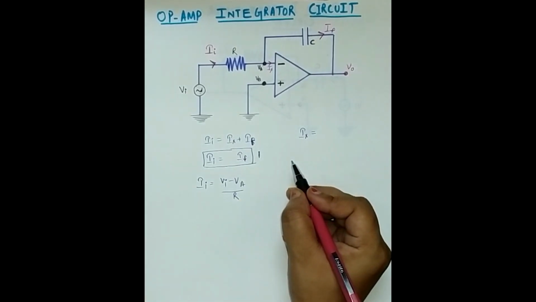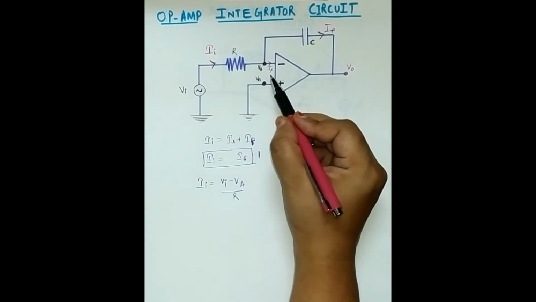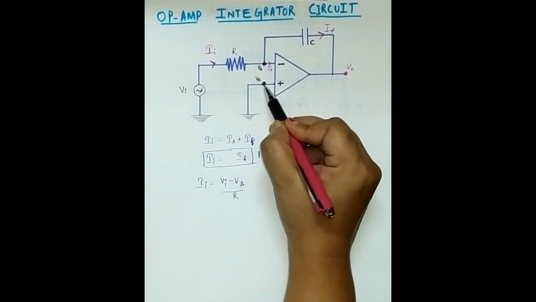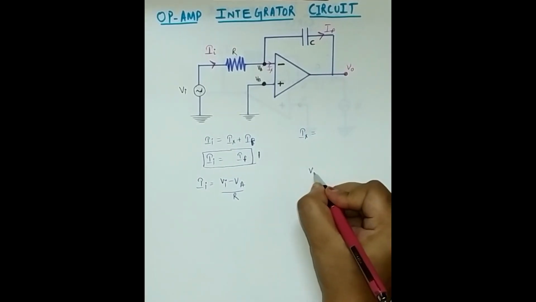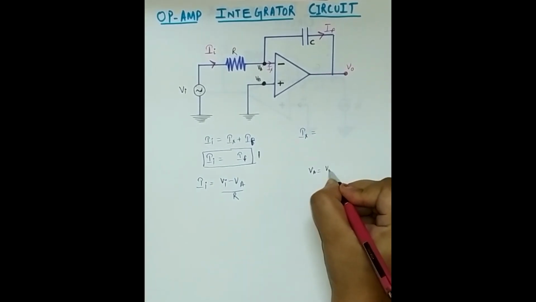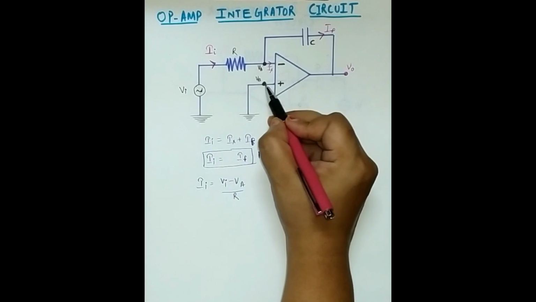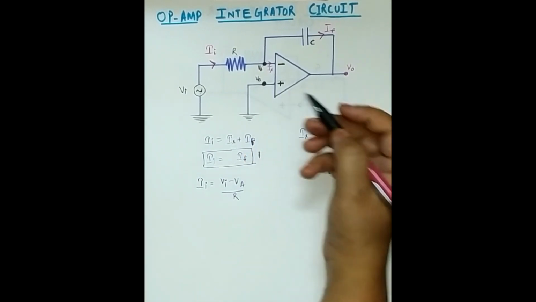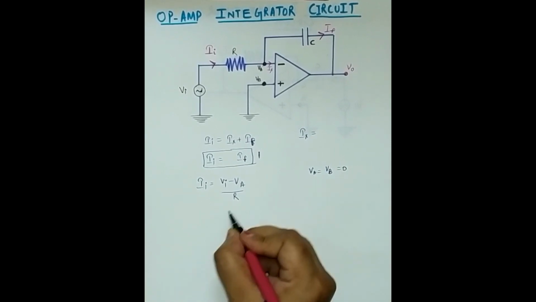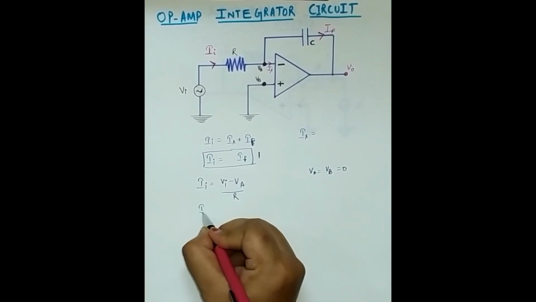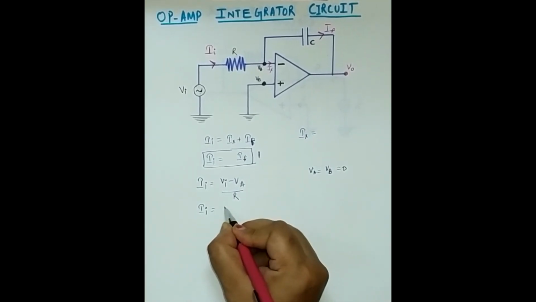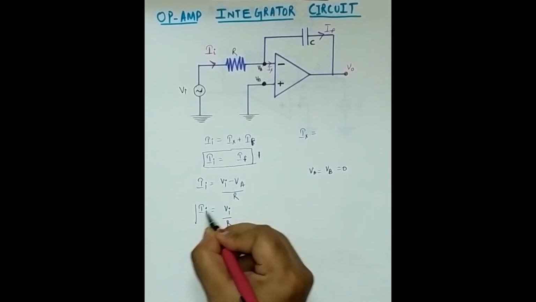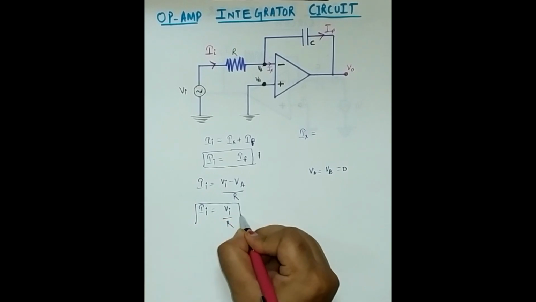If you remember the previous lecture on the virtual ground concept, Va equals Vb, and Vb is 0 because it is grounded. So we can also write it as II equals Vi divided by R. Let us put it as equation number 2.